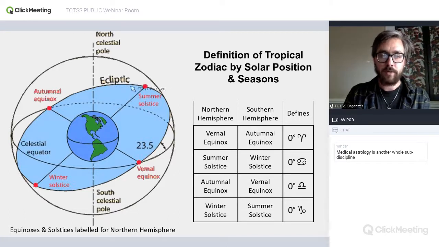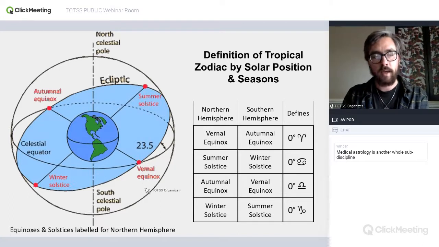Then this 30 degrees is Cancer, then 30 degrees of Leo, then 30 degrees of Virgo, the end of summer. Then the autumnal equinox is 0 degrees Libra. Then we have a 30-degree arc for Libra, a 30-degree arc for Scorpio, and finally the end of autumn, the 30 degrees of Sagittarius. Then the winter solstice point is 0 degrees Capricorn. Then we have a 30-degree arc for Capricorn, then Aquarius, and finally this last arc is Pisces. And then we're back to the vernal equinox and back to 0 degrees Aries.